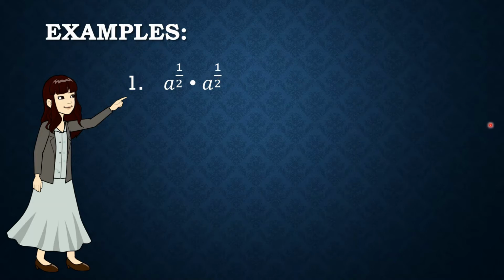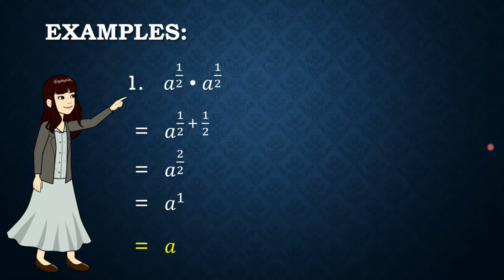So we copy the base, a, then add 1/2 plus 1/2. We have the same denominator, so we can add the numerators. 1 plus 1 is 2 over 2, and 2 over 2 becomes a raised to 1. And a raised to 1 is only a. So our answer is a.